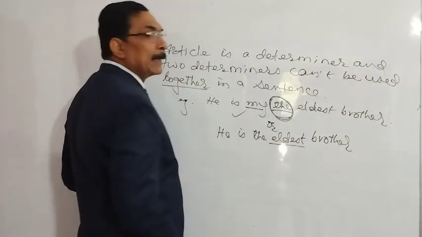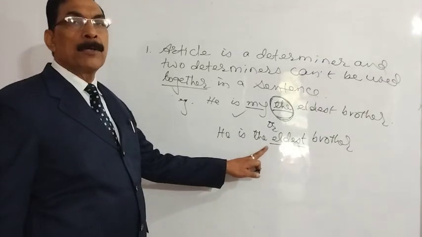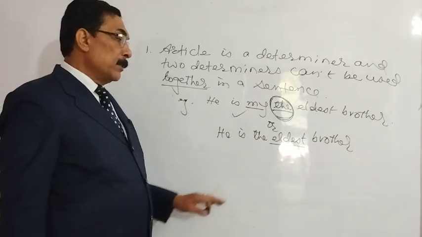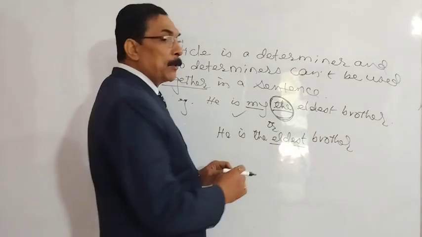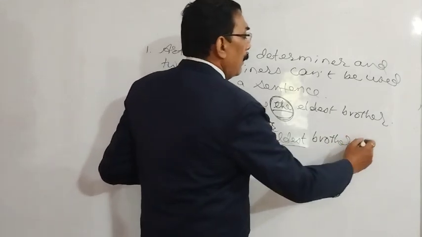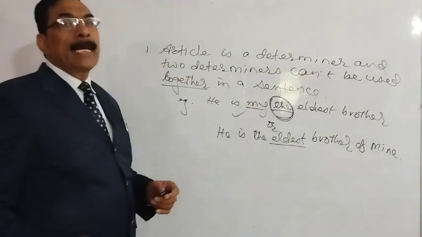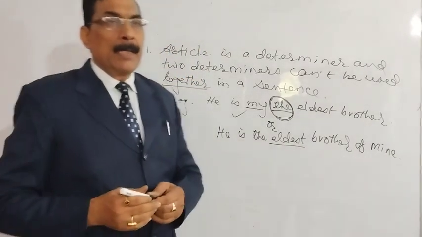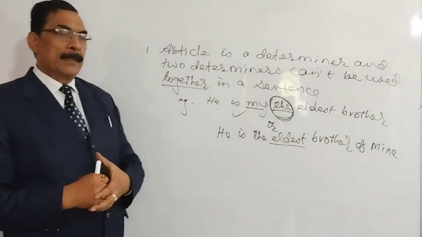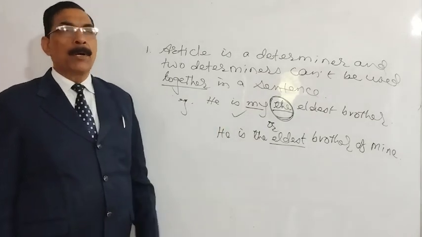Now before superlative degree, as it is the rule of article, we use a definite article before superlative degree. So now this is correct. But if you want to have the same sense, he is the eldest brother of mine. So sentences can be spoken in many ways. Now it depends on the person whether the person manages the sentences according to grammar or not.